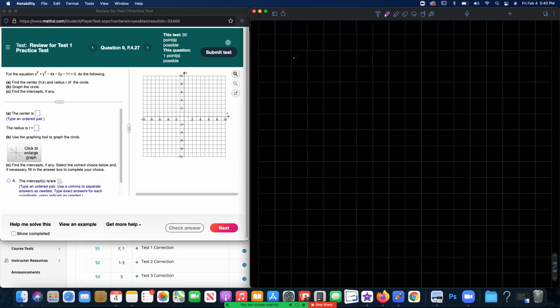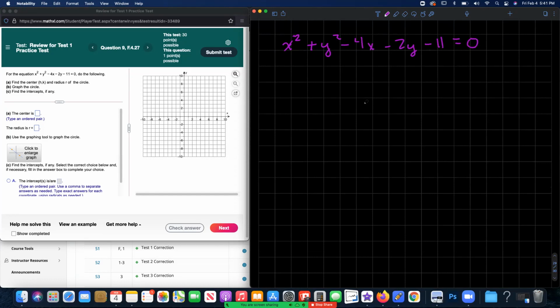All right, so the first thing I'm going to do is rewrite the equation. We have x squared plus y squared minus 4x minus 2y minus 11 is equal to 0.